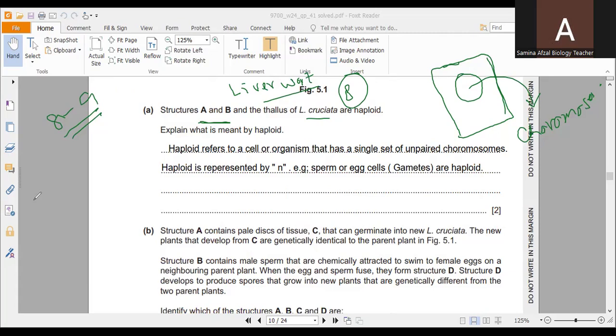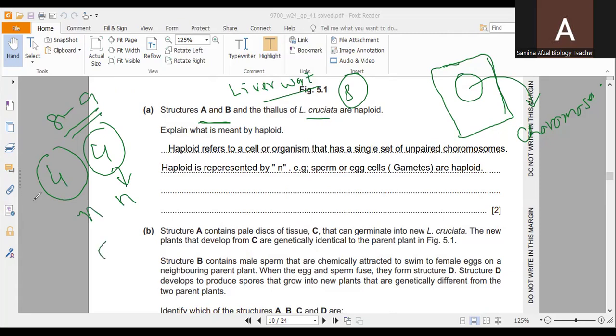So 8 means they have 8 chromosomes, or if we make pairs, 4 and 4, there will be a complete set of chromosomes. But when they are not pairing with one another, a single set of chromosomes means 4 unpaired chromosomes, which are present, and n.